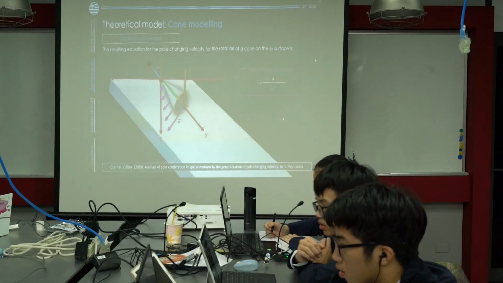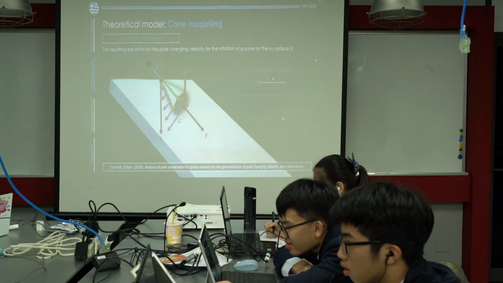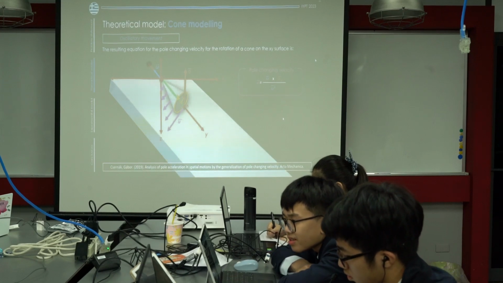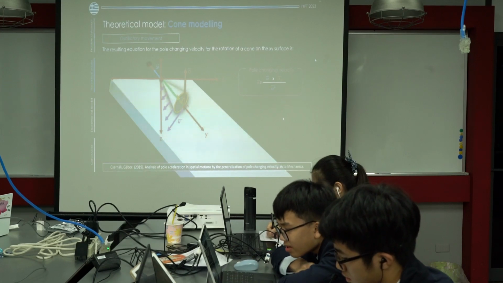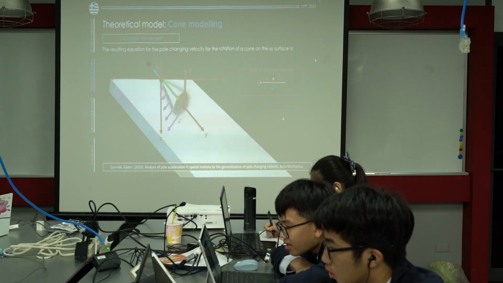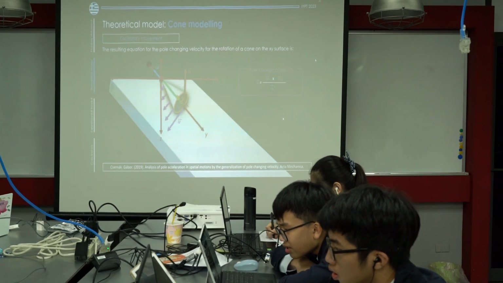The resulting equation for the velocity for the rotation of the cone on the circle is the following formula that you can see on your slide.